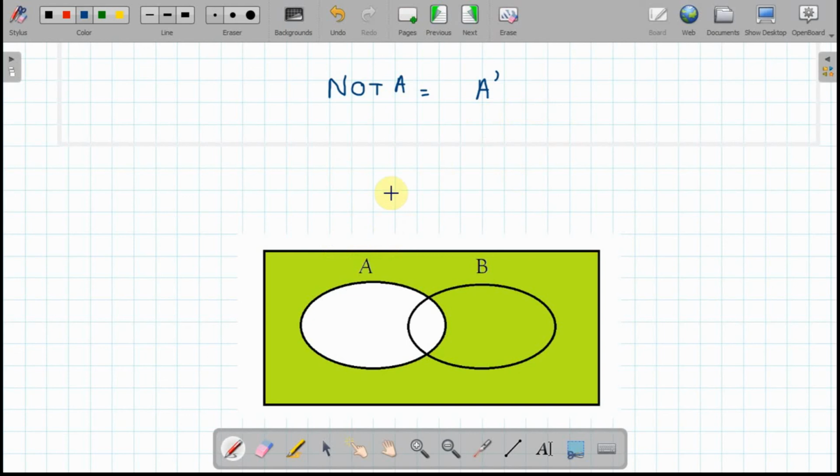And this diagram over here represents not A, because everything apart from the set A is shaded. So you've got the entire outside sections shaded, and the crescent of B, which is this part here, not the overlap part. And this diagram represents not A. Let's have a look at the next diagram.